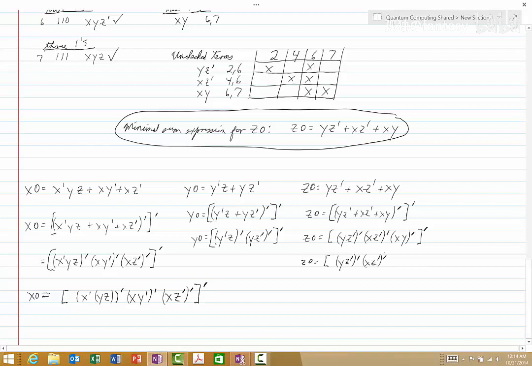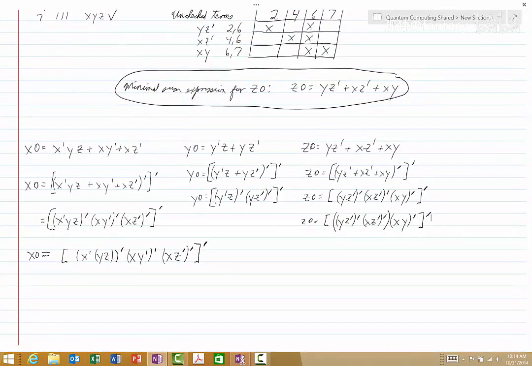We can generate those two results with two-input NAND gates, and then we can AND those two things together, and the result of that can be NANDed with x y prime, which can be obtained with a two-input NAND gate, and we'll have Z0.